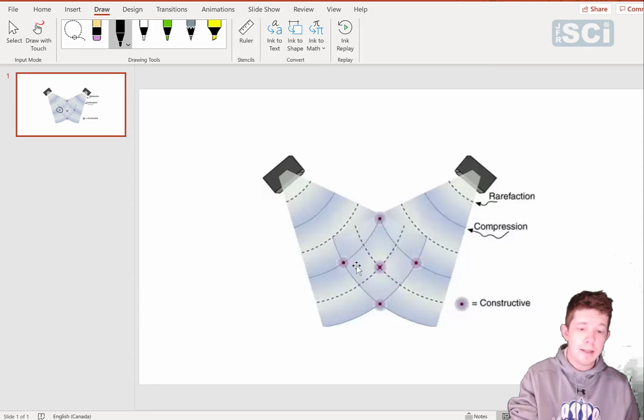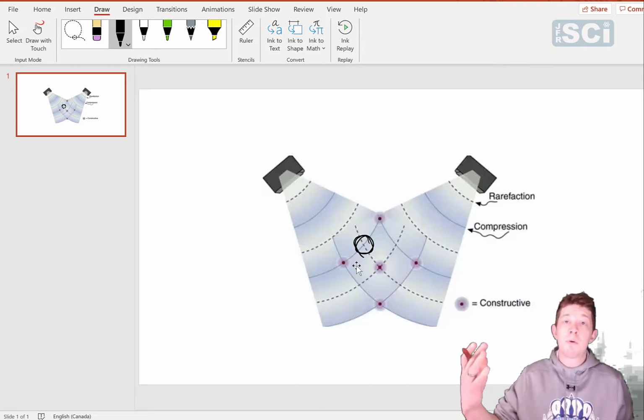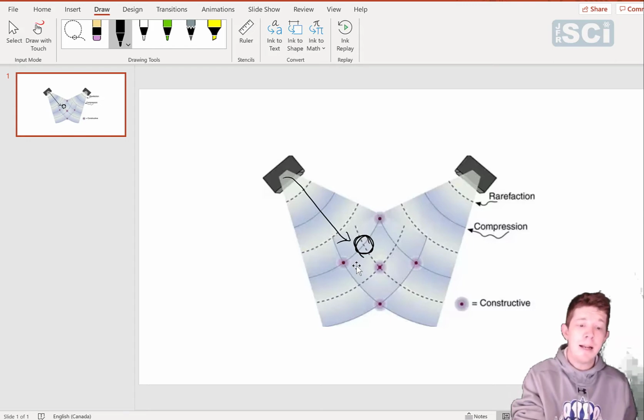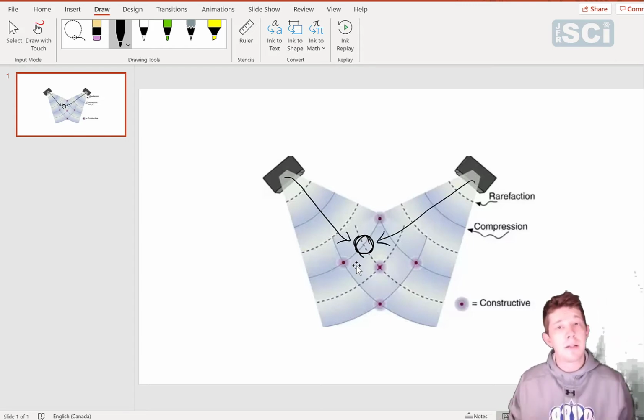However, if I were to stand at, say, this location right here, I would hear a very quiet noise or maybe even no noise at all. That's because that's an area of destructive interference. I have a compression caused by this first speaker on the left meeting a rarefaction caused by the speaker on the right, and that causes us to have destructive interference.